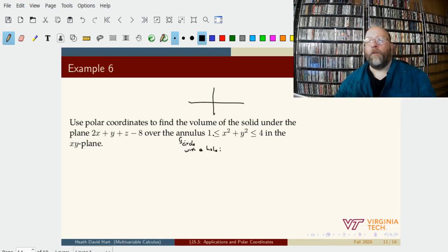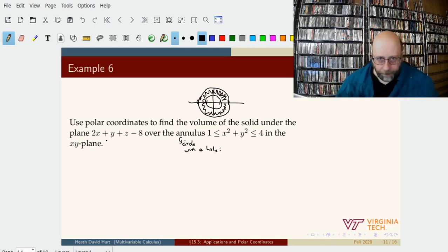X squared plus y squared equals 1 is a circle of radius 1. X squared plus y squared equals 4 is a circle of radius 2. And so we want to integrate over this entire region here. Okay?